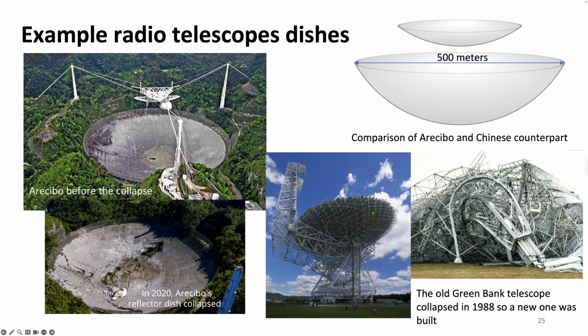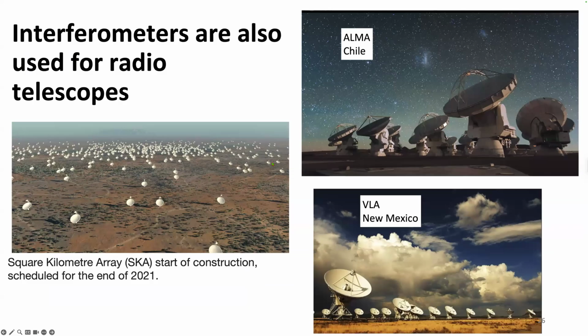So radio people always are striving to do radio astronomy, and they've come up with this scheme where you have dozens or hundreds of small radio telescopes spread out. And then again, as in the case of the VLT I showed you, you can aggregate the signals from all of these and simulate a stupendously large radio telescope.